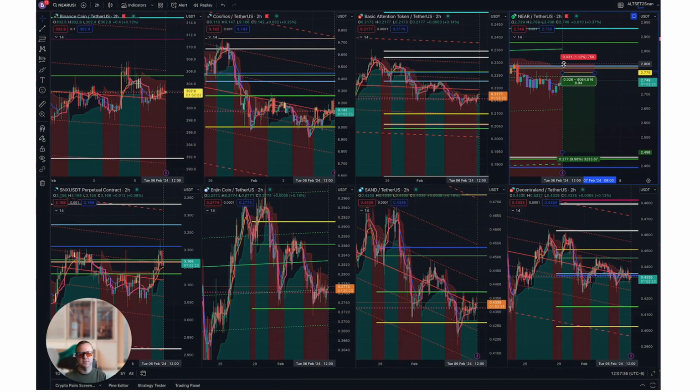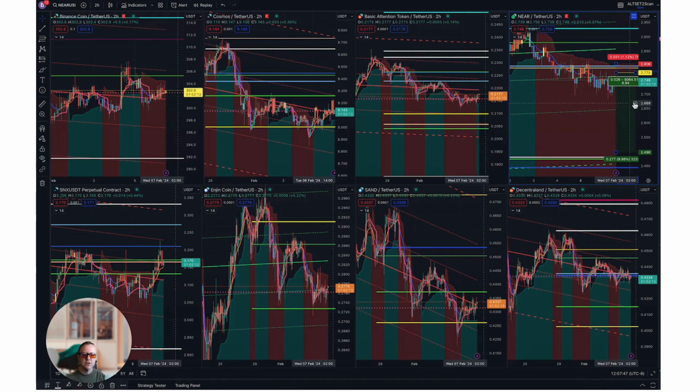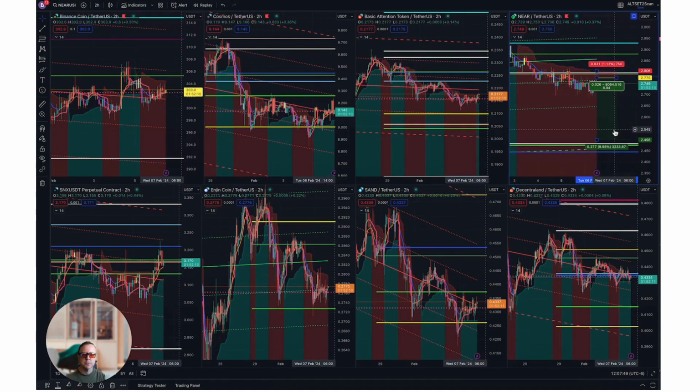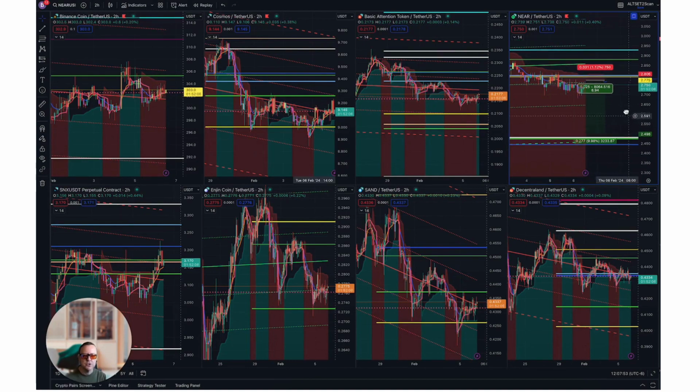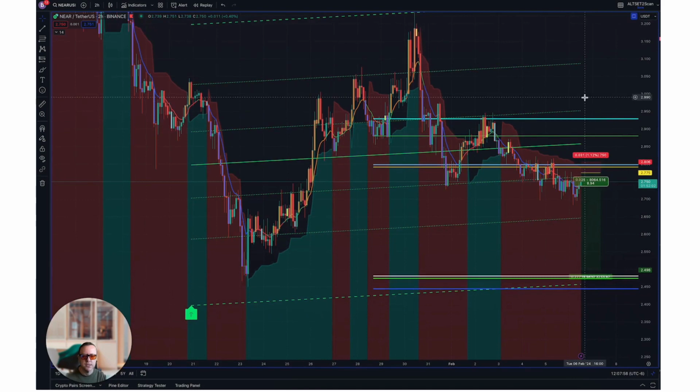In case it breaches my volatility cloud and my pressure line, I will make my stop loss a bit wider. But I like that overall for the 2-hour, it's been pretty consistent. It's held up pretty well. I do have room, right? We talk about linear regression and channel, right?